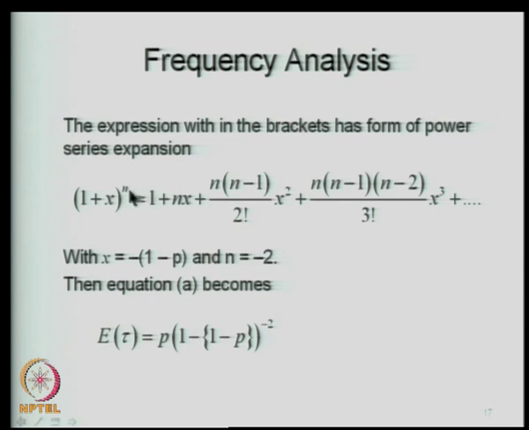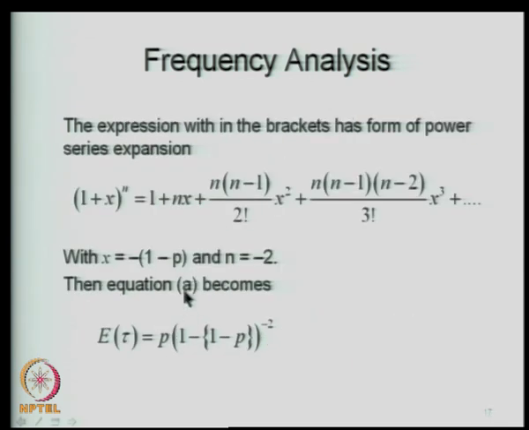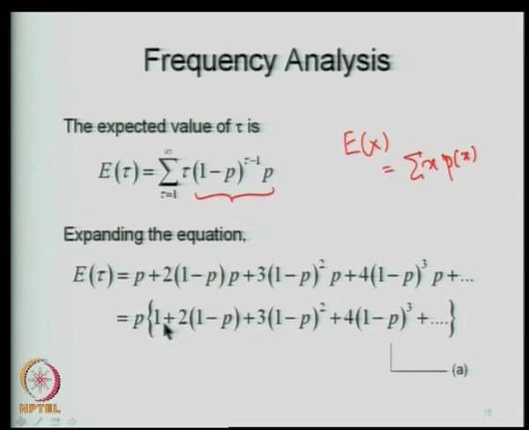We can write this expression as (1 plus x) to the power n, which is expanded as 1 plus n x plus n into (n minus 1) by 2 factorial x square plus etcetera, where we put x equal to minus (1 minus p) and n equal to minus 2. If you put these values, you can verify that you get the same expression as in the bracket here.